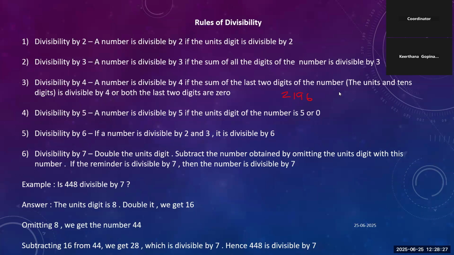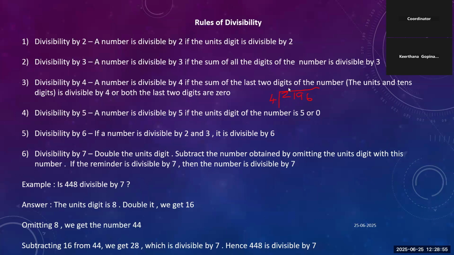Are you not able to do manual division? Yes, 2196 divided by 4. It's not divisible by 4. How come? Because I am getting 36. 2196 divided by 4 is how much? Okay, do this manual division.